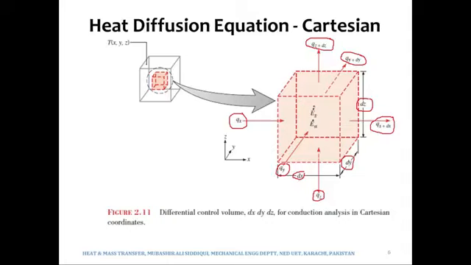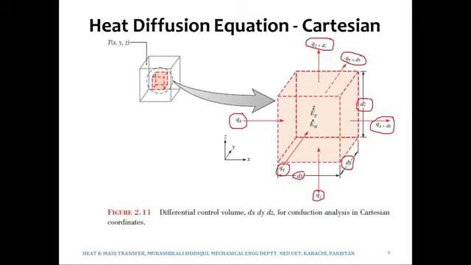And if the properties at a particular location do not remain the same with respect to time, rather they change with time, then that system will not be considered under steady state conditions. It will be under transient conditions. So if there is energy storage, the system will definitely be under transient conditions, and if there is no energy storage, then the system will be considered under steady state conditions.